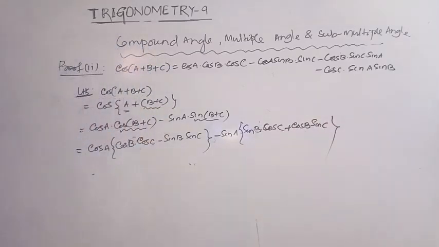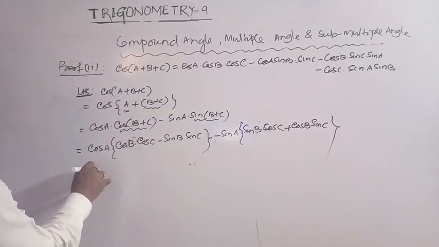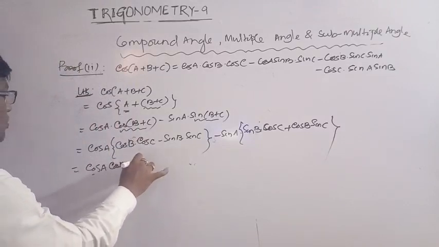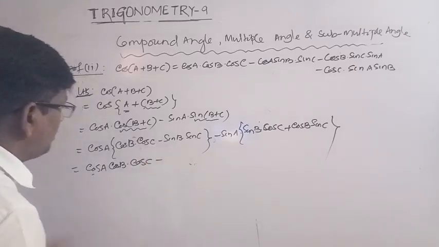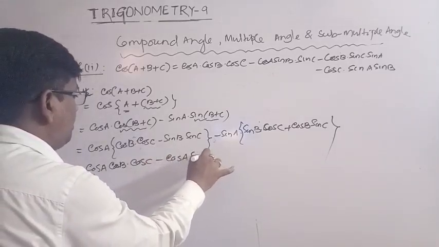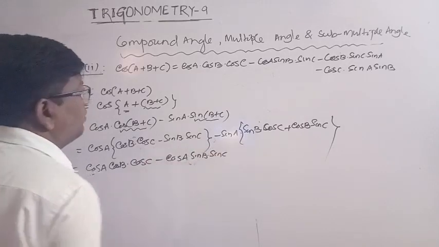Okay, so multiply again, cos a into cos b into cos c minus cos a into sin b into sin c.